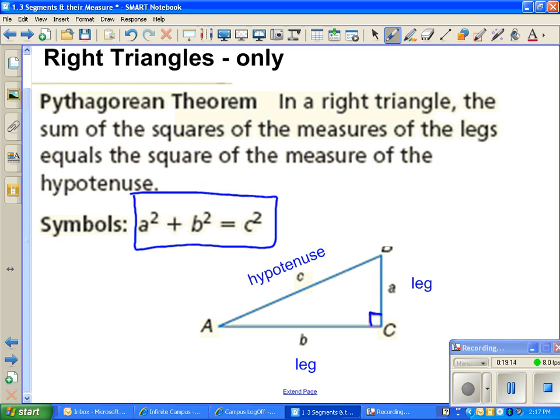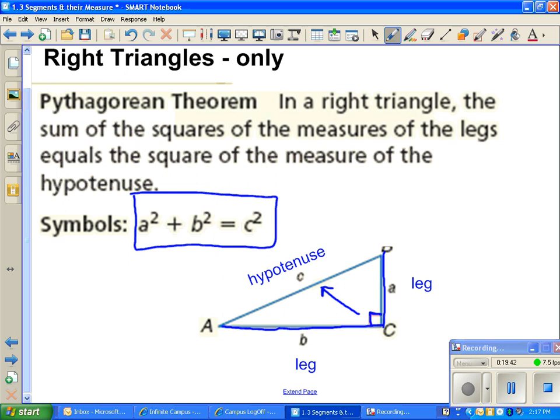It does not matter which one you call A and which one you call B, but it has to be the side touching the 90-degree angle. Your legs will touch the 90-degree angle. This is a leg, it touches the 90-degree angle. This is another leg, and it touches the 90-degree angle. The hypotenuse is always directly across from the 90-degree angle. It does not touch it.